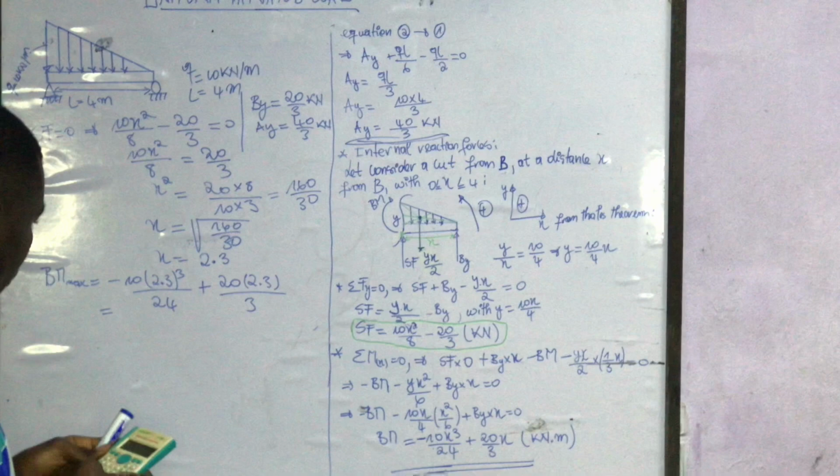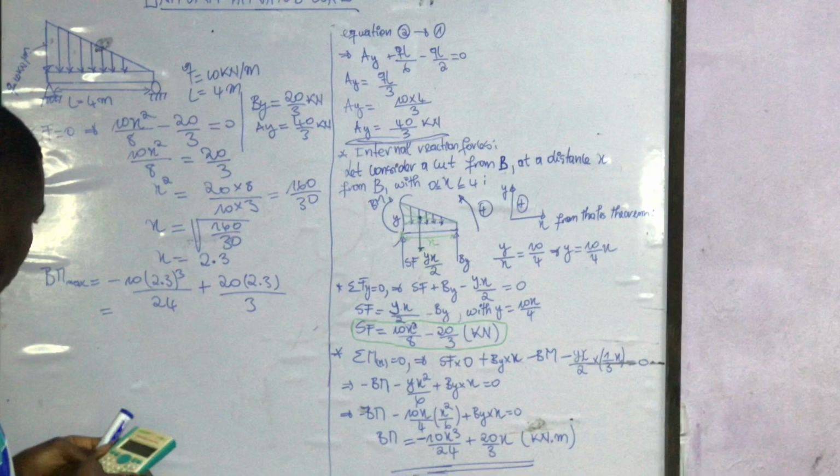Now we already know the value of the bending moment at point C, x equal to 2.3, which is almost 10 kilonewton meter.